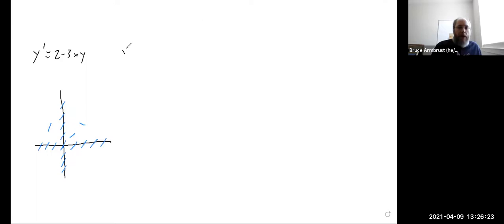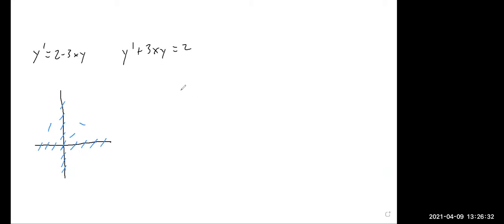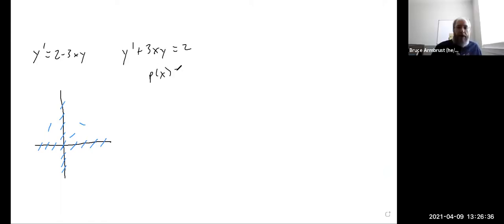If we rewrote this, we'd have y prime plus 3xy equals 2. And that's definitely linear, right? Because your p of x is 3x, your f of x is 2. And so we know exactly what we would have to do to solve it.